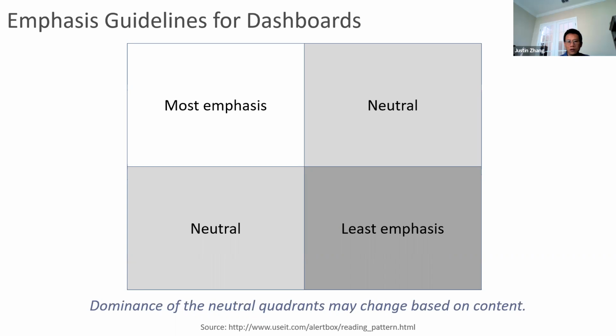We can divide a dashboard into these 4 quadrants. The most important content should be put on the top left quadrant. It should be the most emphasized quadrant. The least emphasized quadrant should be the bottom right. And the other quadrants will be neutral, which means medium-level importance content.